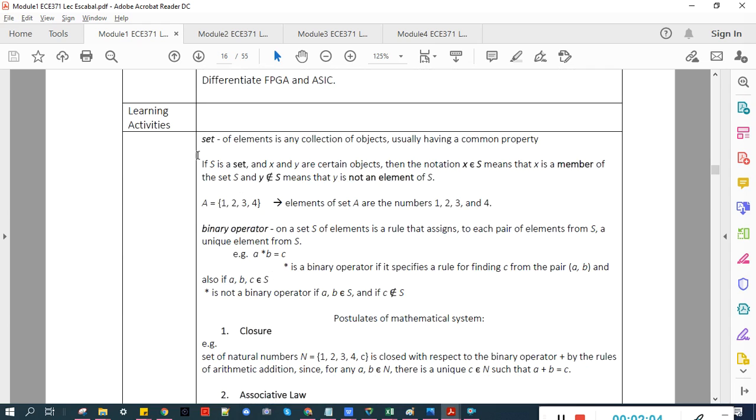First, let's define what is a set. This is a collection of objects. So a set of elements is a collection of objects usually having a common property.